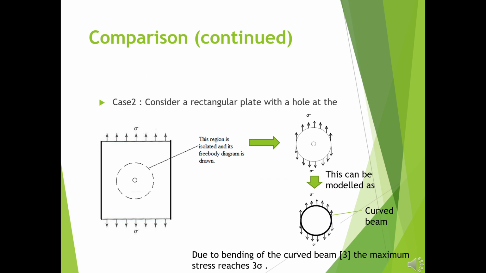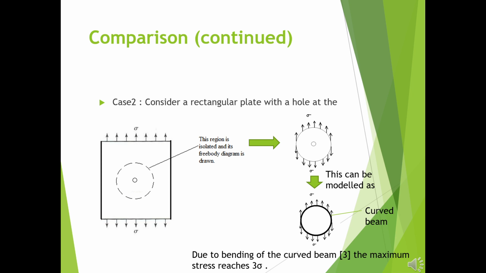Let us consider the same problem again. The only thing is that we have introduced a small hole at the center of the plate, which is also at the center of the region we are considering for the free body diagram. You can see the free body diagram on the right side. This particular problem can also be modeled as a thick curved beam problem.